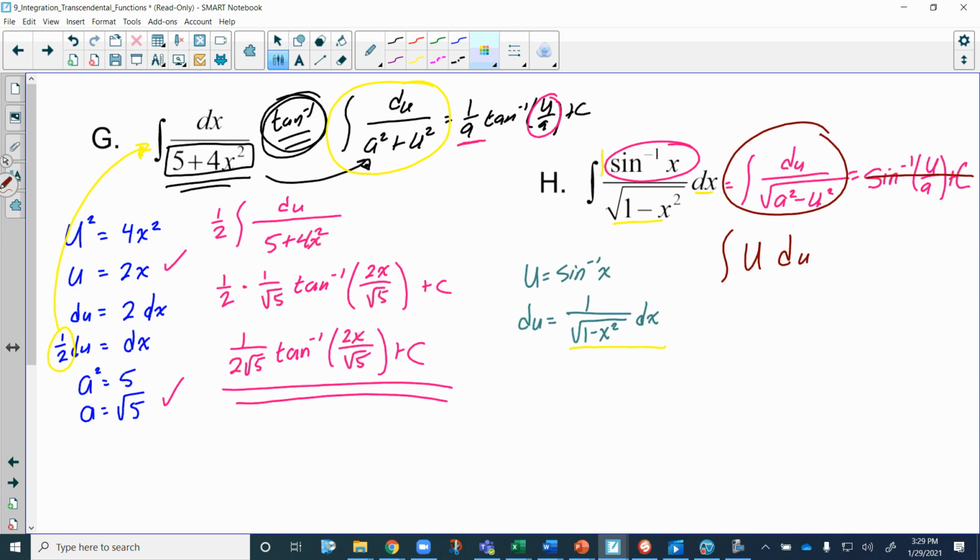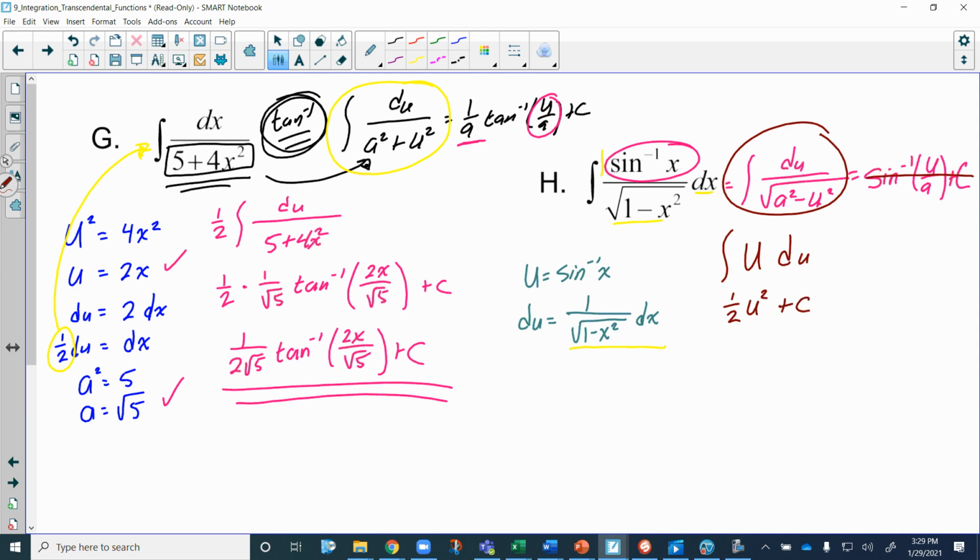So here, when I take the antiderivative of this, I'm going to wind up with, not natural log, I'm thinking 1 over u. That will be 1/2 u squared plus a constant of integration.